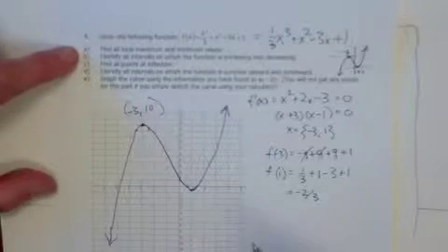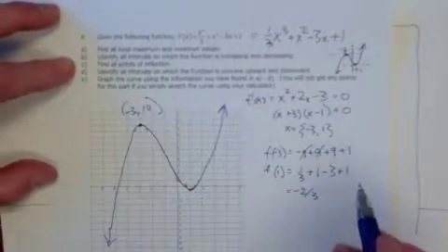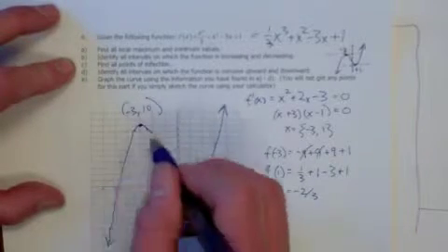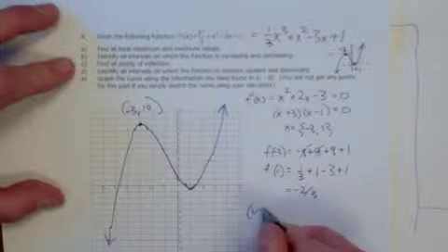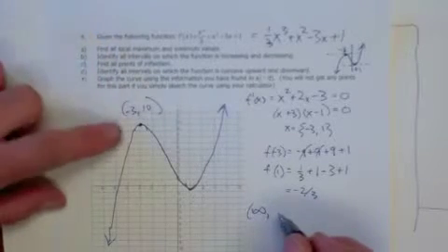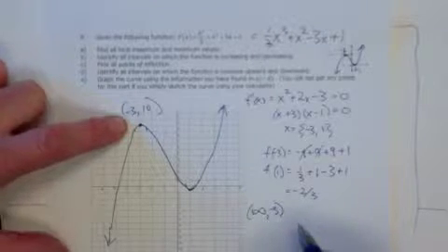Now it says find all the intervals on which the function is increasing or decreasing. Well, here it's increasing from negative infinity to -3, and it's not including those points.